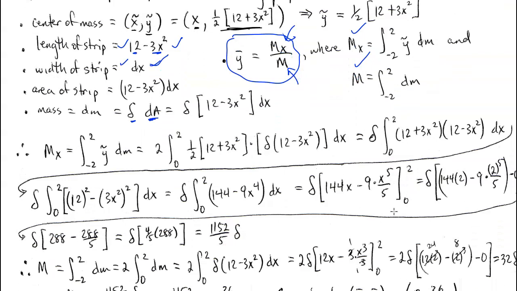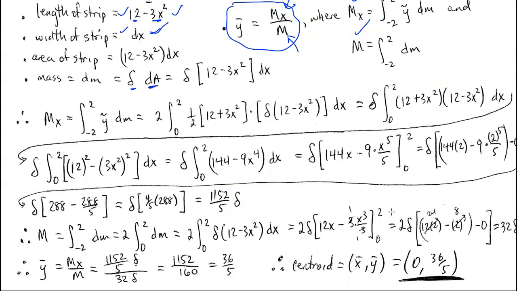So once we plug in the y tilde and the dm, so all of this is the y tilde, this is the dm part, then it's just a matter of rearranging everything and making it look nice so that we can actually do what we need to do with it.